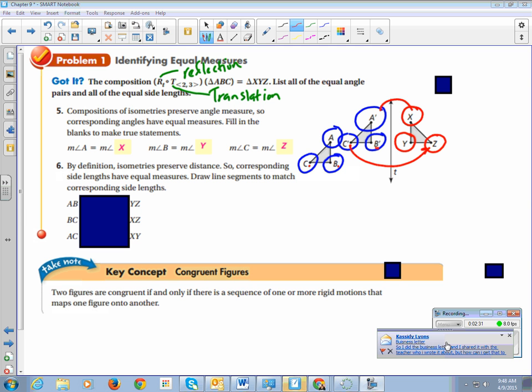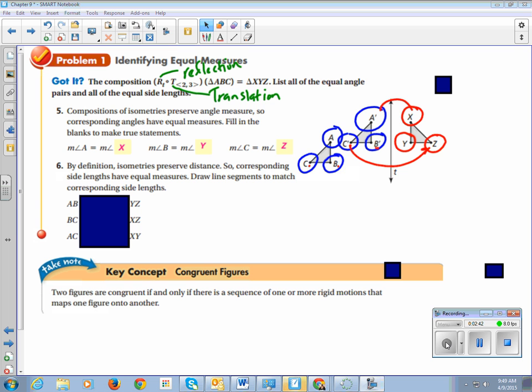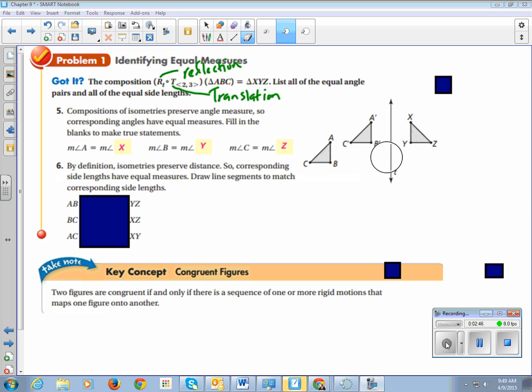By definition, isometries preserve distance. So corresponding side lengths have equal measures. So side AB, let me clear our picture. So side AB, right here, goes to which side on our XYZ triangle?